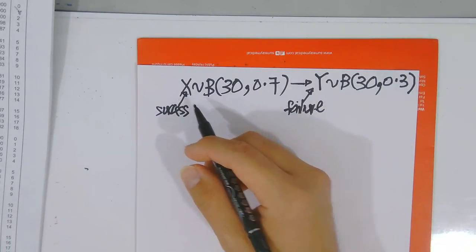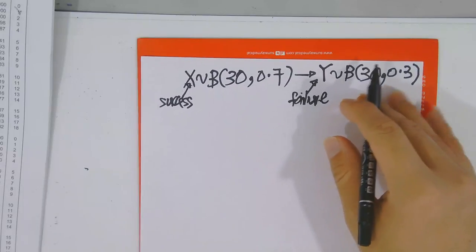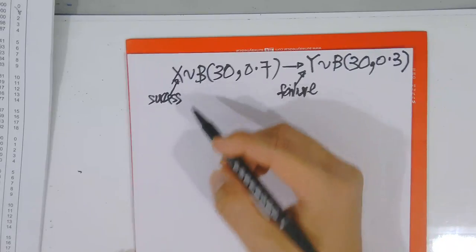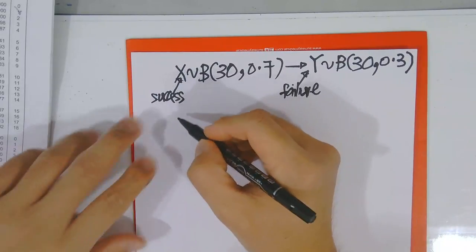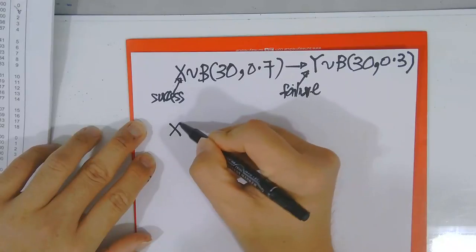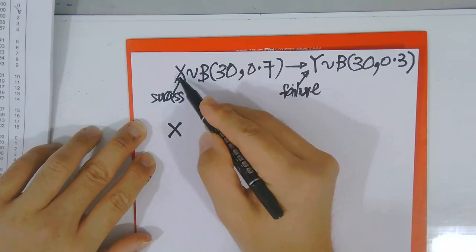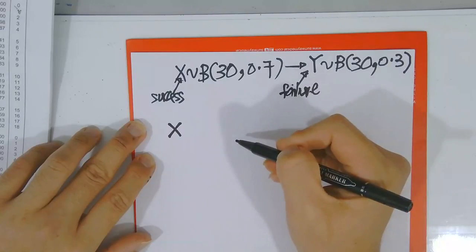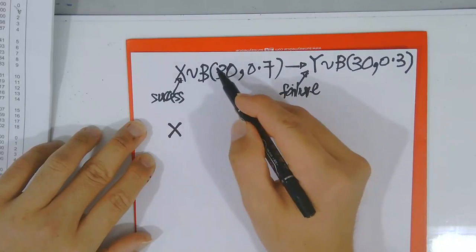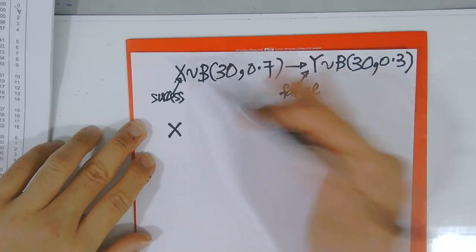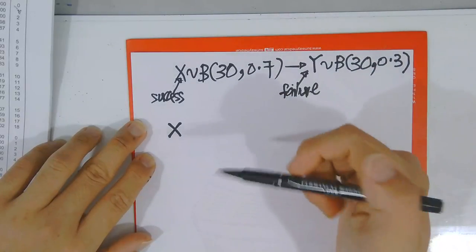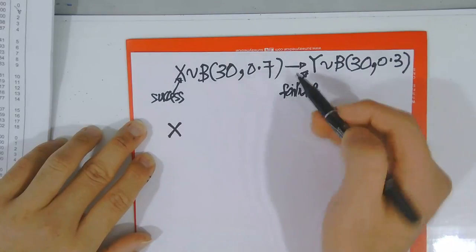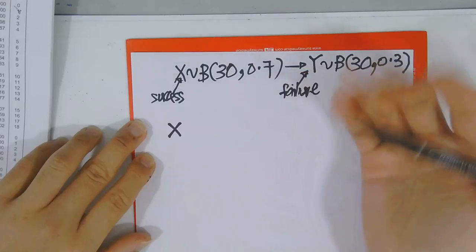Now, how do we use this statistical table if we have this case with 0.7? You must understand that X is the number of successes and Y is the number of failures. If you play 30 games, one game can be either a win or a loss.